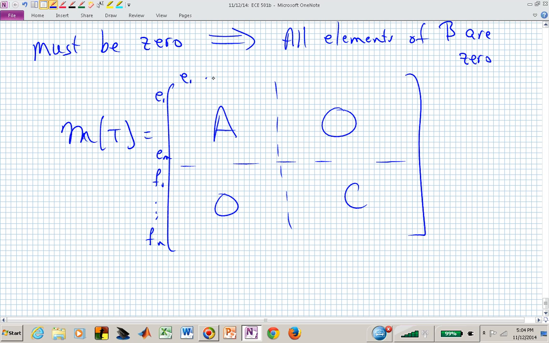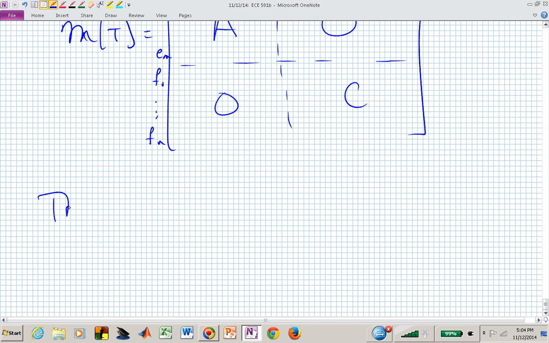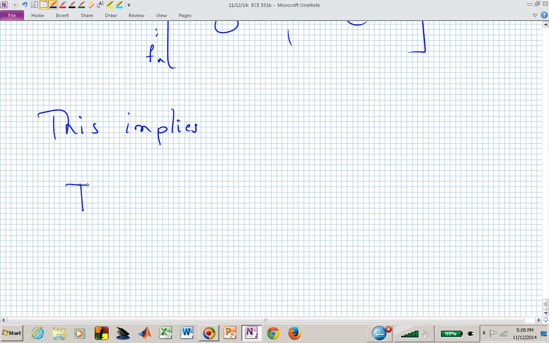This is e1 to em, f1 to fn. We now know that what we've shown, or this implies, T f sub k is now actually going to be in the span of those f's.